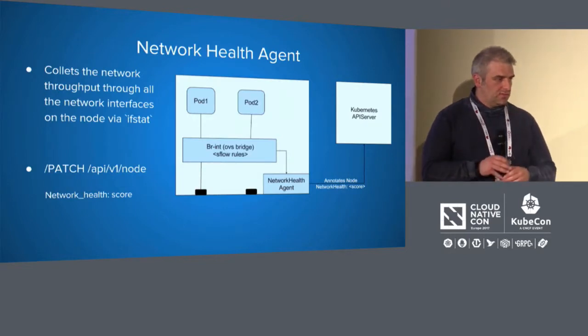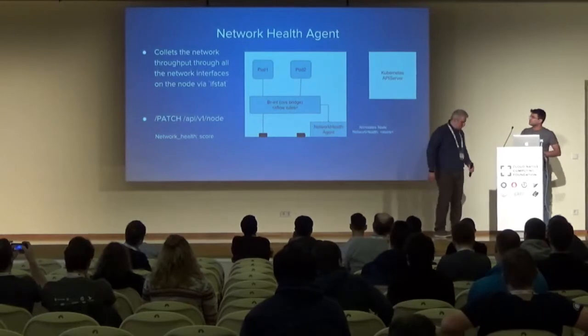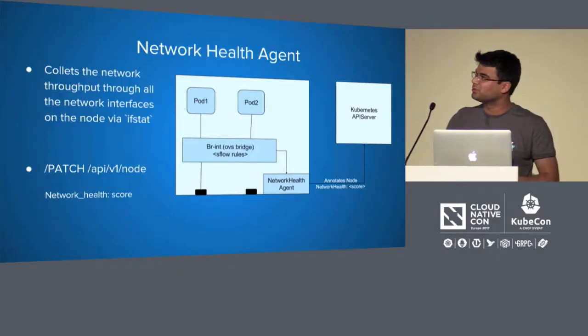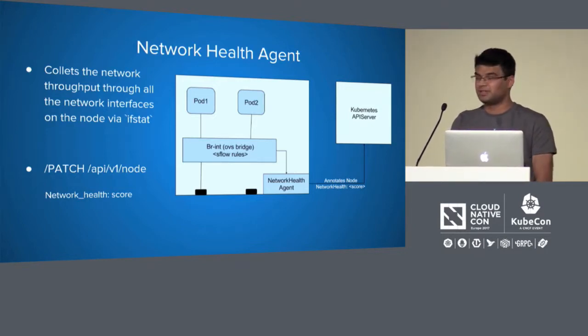Sure. So just to lay out more details about the network agent, it's actually pretty simple. The network health agent runs on all the minions in your cluster. What it's essentially doing is capturing the node's network throughput and annotating that information onto the API server.